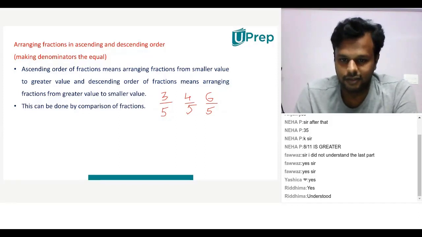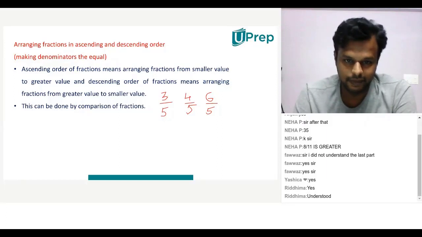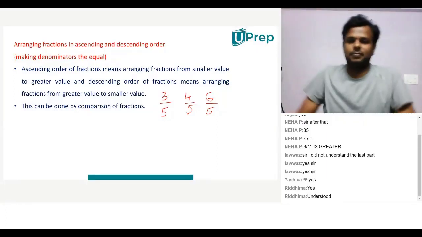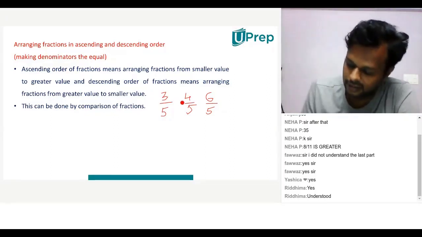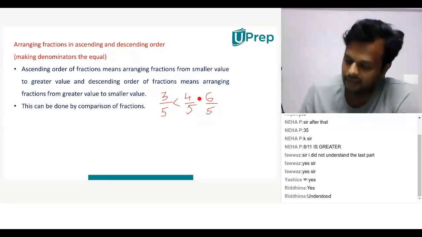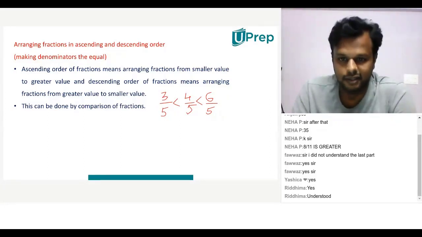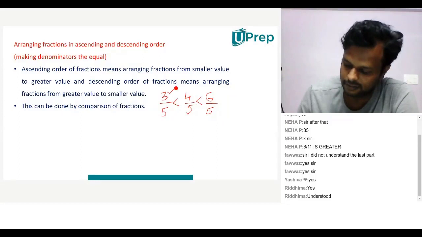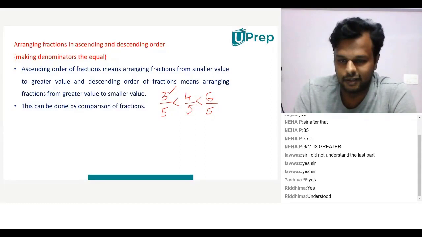So children, if I ask you to arrange it in the ascending order, which will come first? Sir, 3 by 5, right? Yeah. So that means what? I will write 3 by 5 is less than 4 by 5 because the denominators are same, the numerators are different, and then I will write 4 by 5 is less than 6 by 5. Yes. Children, this is the ascending order. The smallest will come first, isn't it?